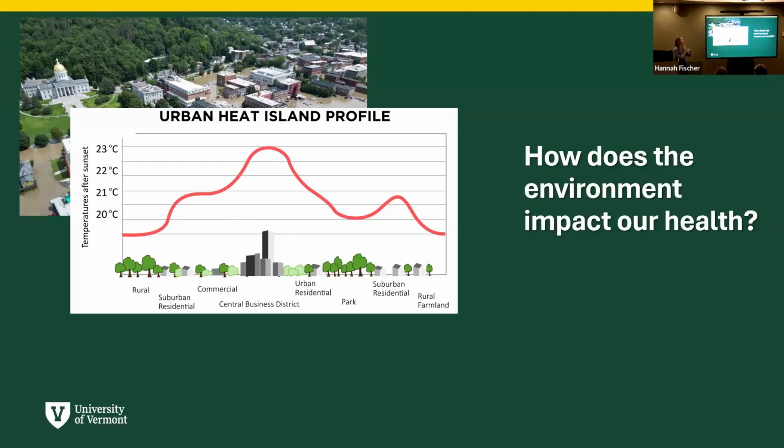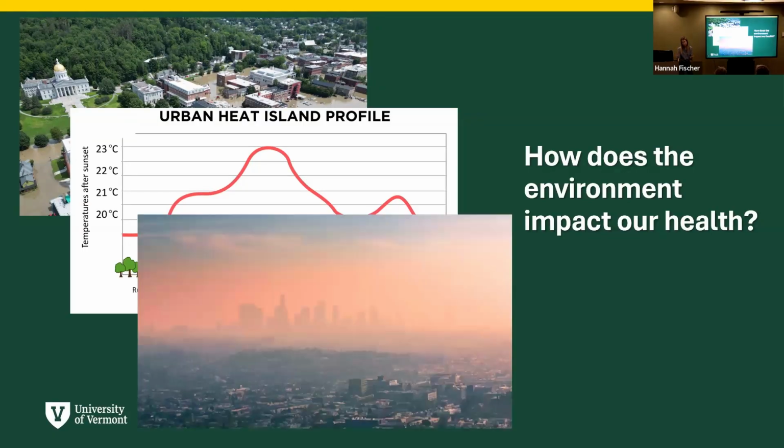Summers are getting hotter, and with that our cities are going to get hotter, so thinking about how heat stress can impact our cardiovascular system. There's also air pollution. I don't know if folks were outside at all this past summer, but we had a really crazy summer of a lot of wildfire smoke coming down from Canada.